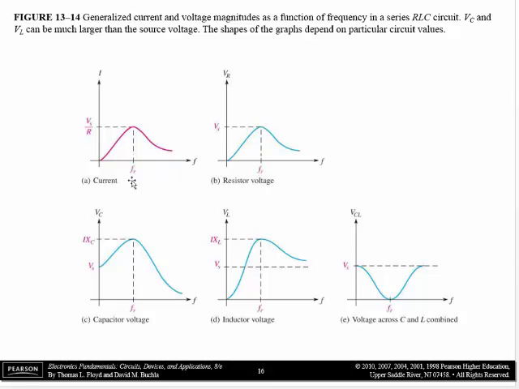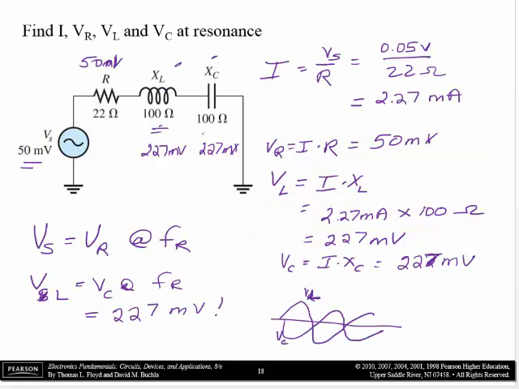It shows an unevenly shaped plot of the voltages: here's voltage across the capacitor, here's voltage across the inductor, and they don't look like an even shape, because the reactances calculate to be different values above and below the resonant frequency.